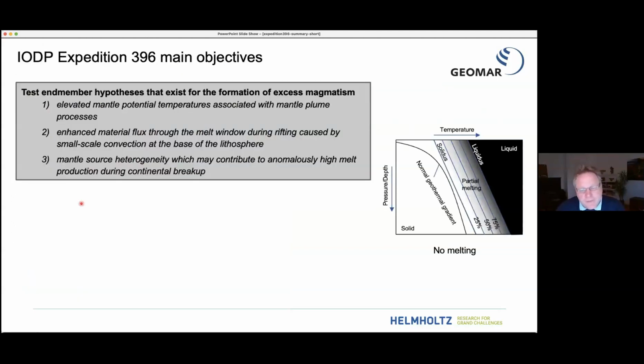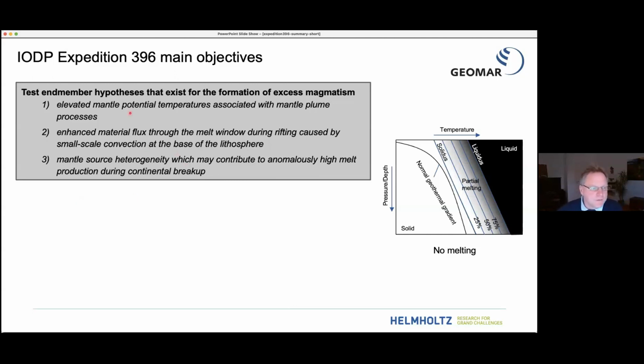The main objective of our work was to understand why we have so much volcanism during the opening of a volcanic rifted margin, or the opening of a new ocean basin. These hypotheses have been around for a long time.